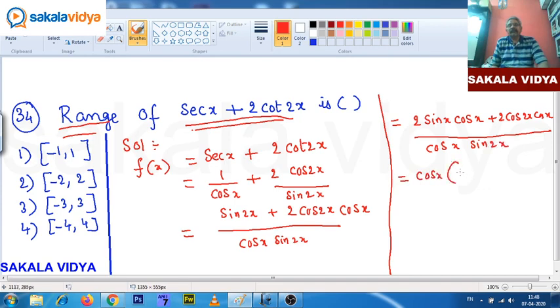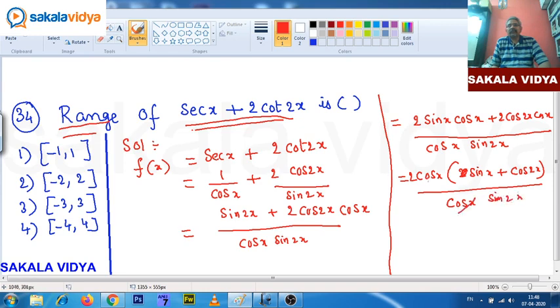If you take cos x common, you have 2 sin x, next 2 cos x also you can take out common, sin x plus cos 2x, by cos x into sin 2x.